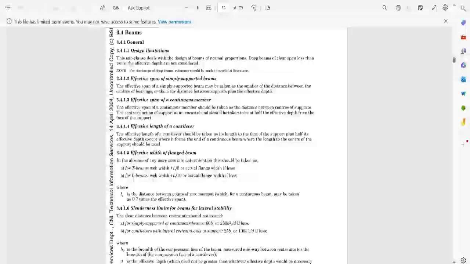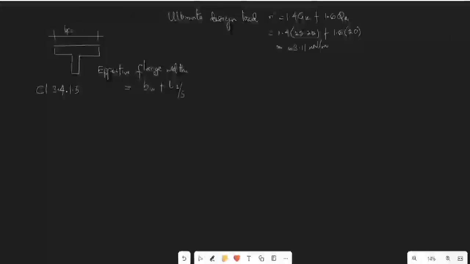Or if the actual flange width is less than that value, we'll be using the actual flange width. So let's put it to work. So this will be equal to 350, which is the thickness of our web, and the Lz, which is 6 meters. You can see that from the question.